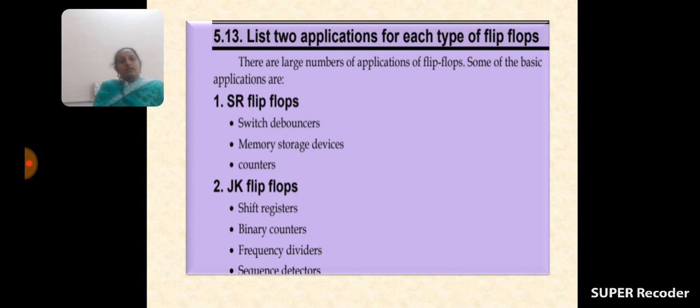JK flip-flops are used in shift registers, binary counters, frequency dividers and sequence detectors. What are the important applications of JK flip-flop? These are used in shift registers to shift the data, either from left to right, or from right to left.